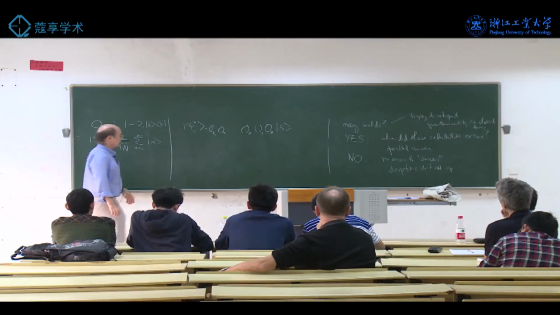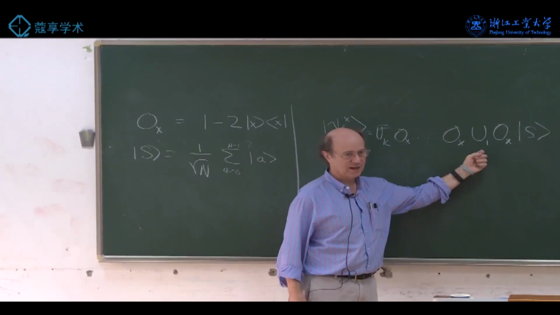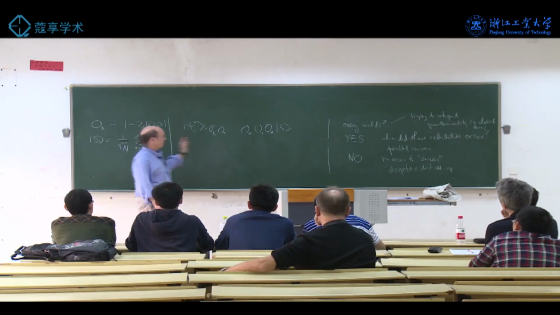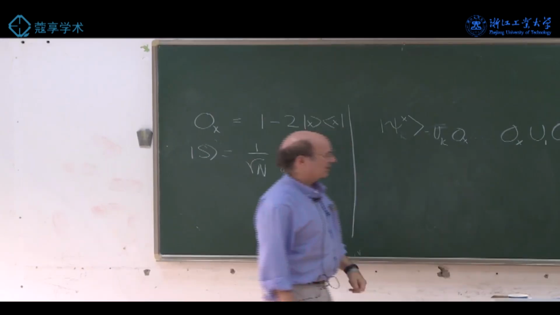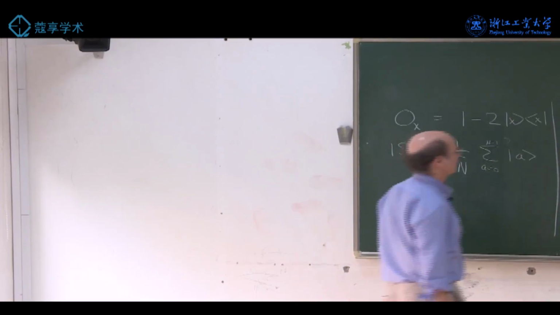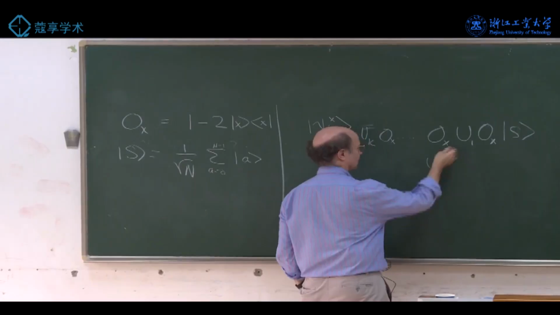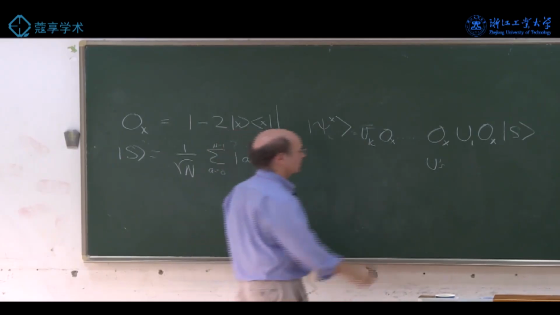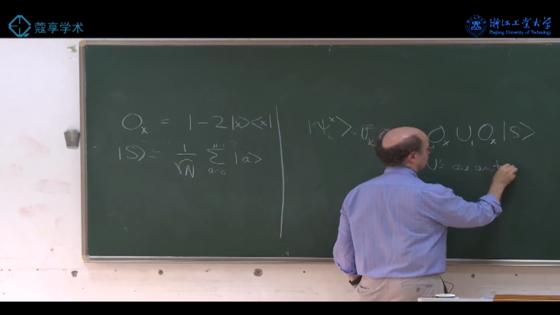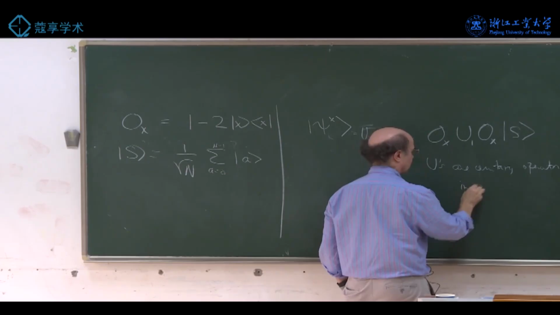In the Grover algorithm itself, remember these unitary operations were reflections around the state S. But for the purposes of the proof, we're going to show that no matter what you do in this framework, you're stuck. The U's, since this algorithm is supposed to work for any x, are unitary operators that are independent of x.